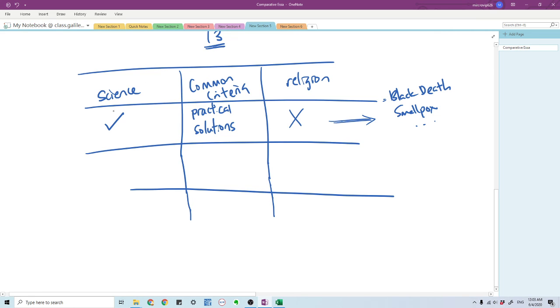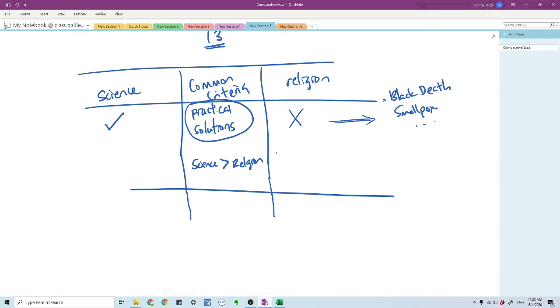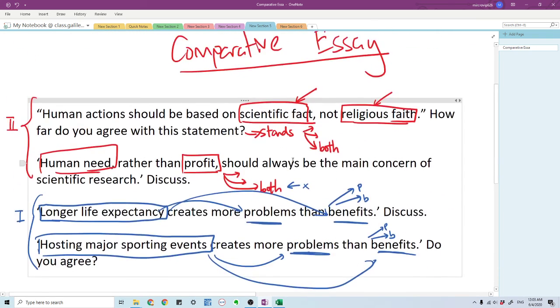However, with science, we now know you can take antibiotics, you can get vaccinated, all sorts of things. So that's a common criteria over here. Which one offers a practical solution? If science offers practical solutions as compared to religion, then for this particular point, science over religion. Voila. This is how you do brainstorming for a comparative essay.